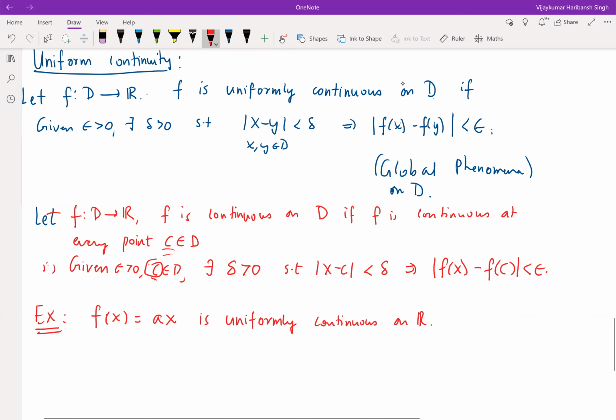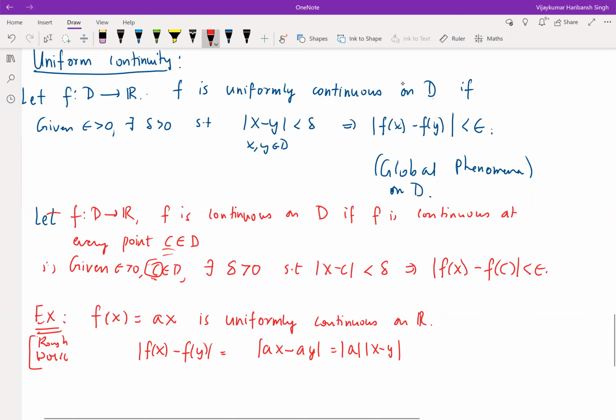We want f(x) - f(y). So let's just work this out on the side, scratch work. f(x) - f(y) is going to be ax - ay, and this is going to be the absolute value of a times |x - y|.